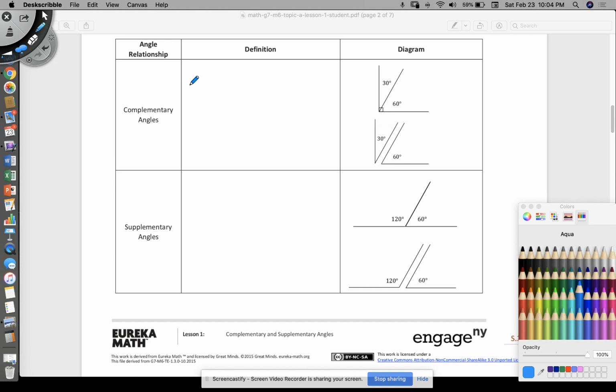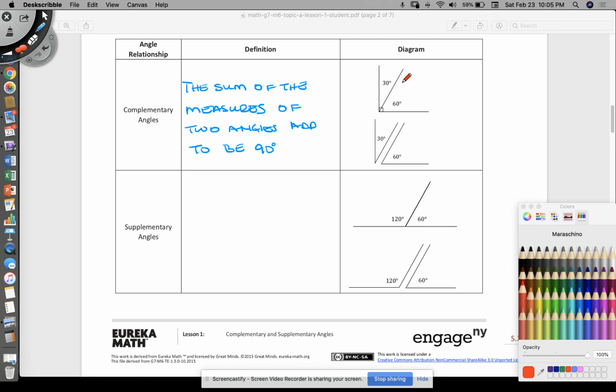So what this means is the sum of the measures of two angles add to be 90 degrees.